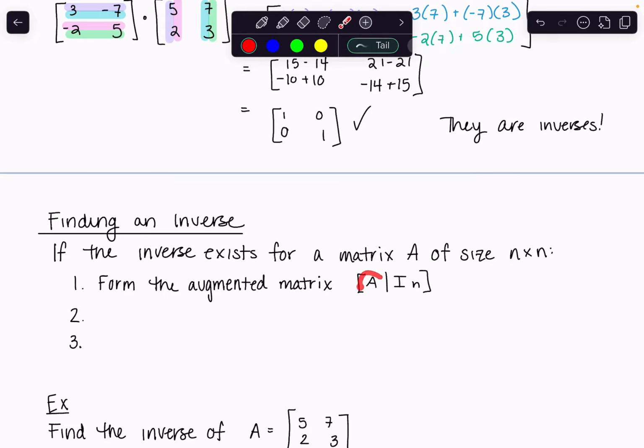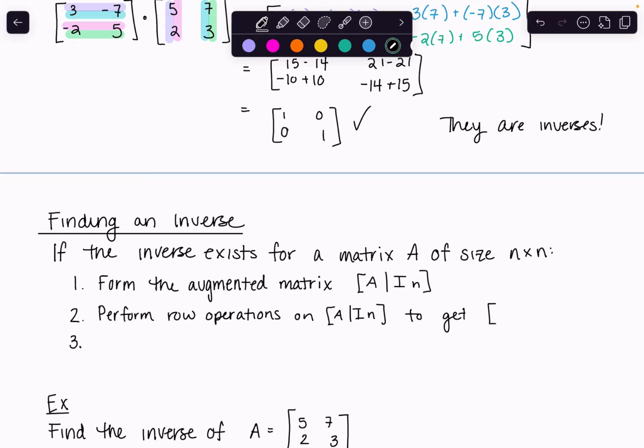You are going to do row operations on this matrix A to make it so that it's the identity. So we perform row operations on this augmented matrix to get the left-hand side to be the identity, okay?